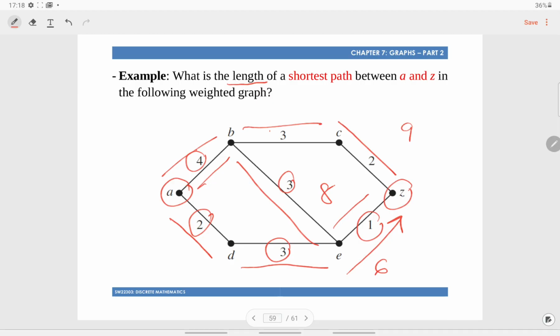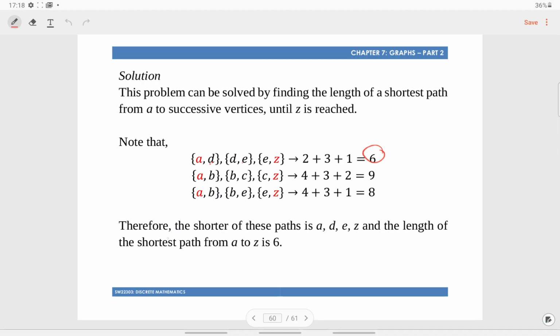So among the three possible paths, the shortest path is ADEZ. The length of the shortest path is equal to 6.